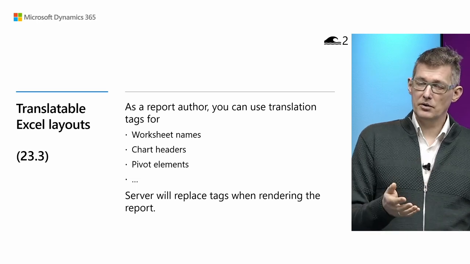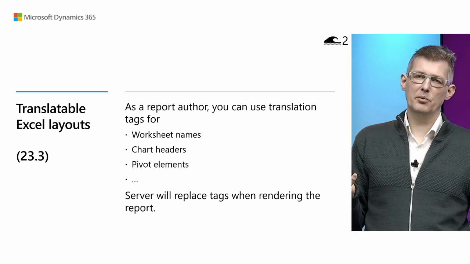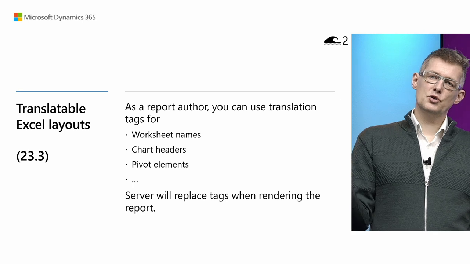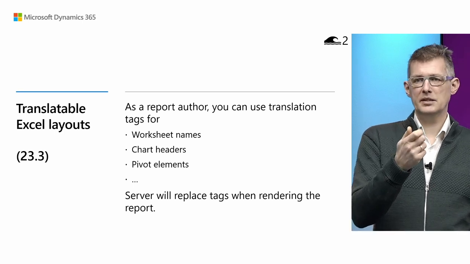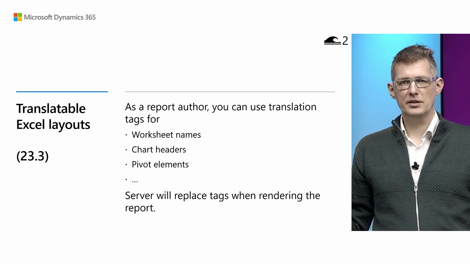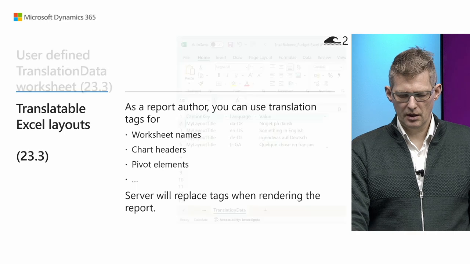When you lay out the Excel, and when you then upload and people run the report with this Excel layout, the server will then replace these tags with values so that the report is translated to the language of the user when they ran the report.